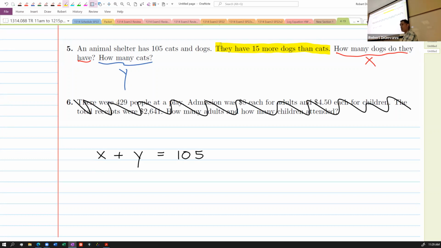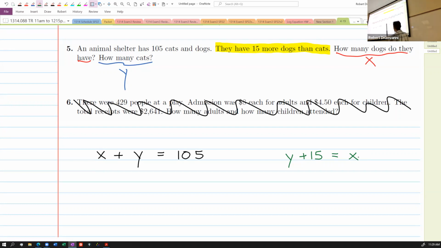If you have Y cats, then you have 15 more dogs. So you should write something like this down: Y plus 15 is how many dogs you have. So if I had 5 cats, I add 15, I'd have 20 dogs. If I have 10 cats, I would have 25 dogs. Does that at all make sense to you?